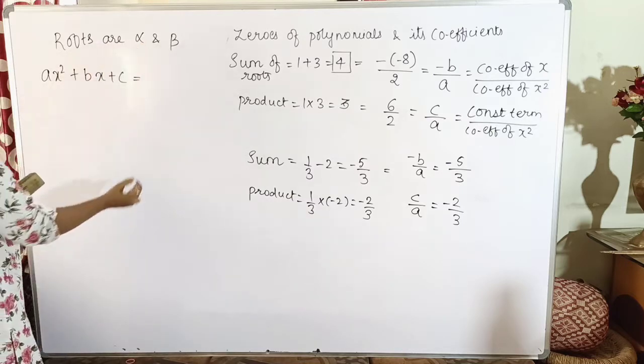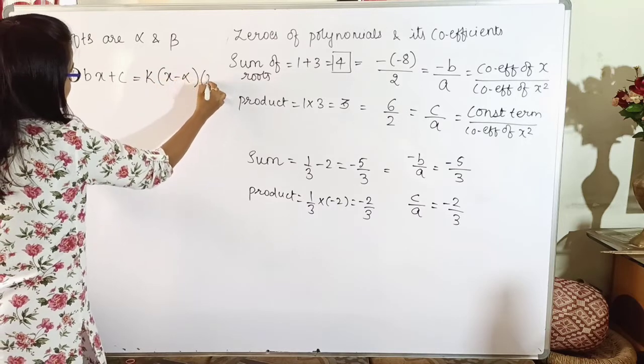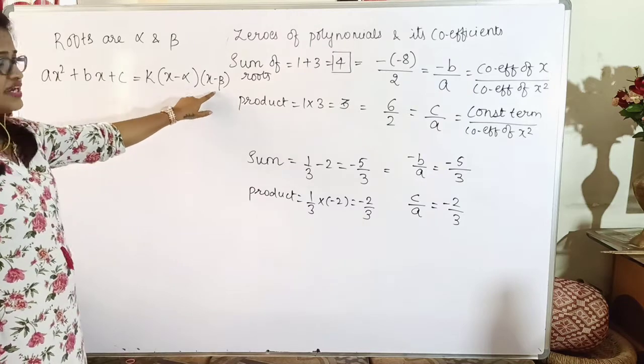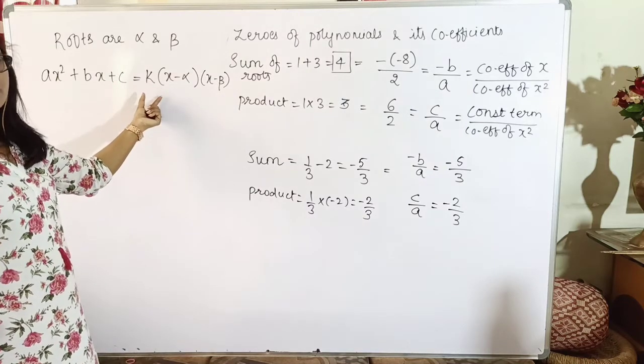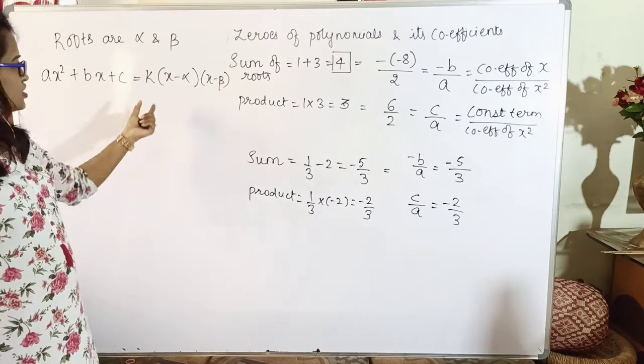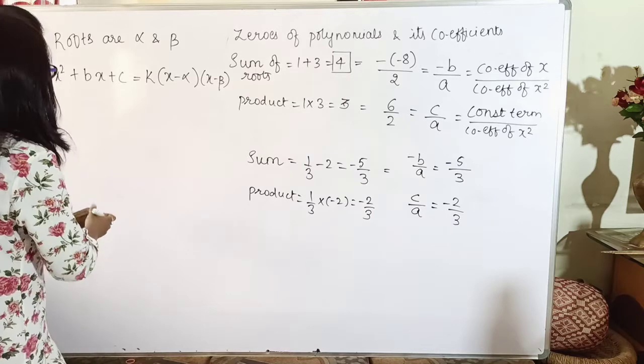I know the roots are alpha and beta. Can I write it like this? k in bracket x minus alpha, x minus beta, isn't it? Because this is how we write the roots. k, because there will be some constant present if the coefficient of x square is other than 1, isn't it? So k, x minus alpha, x minus beta, these are the two roots. Let us simplify.